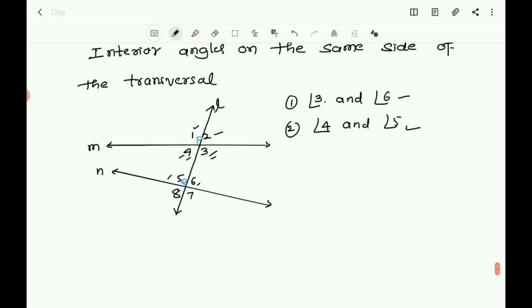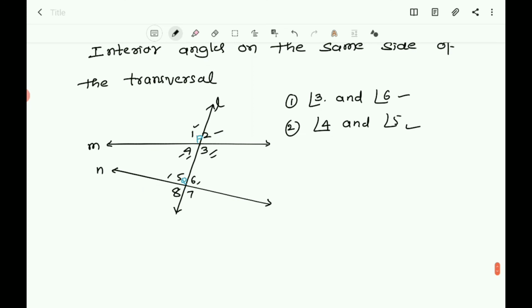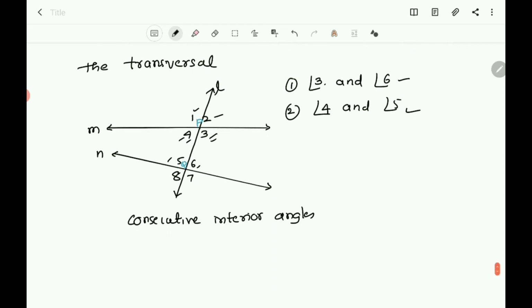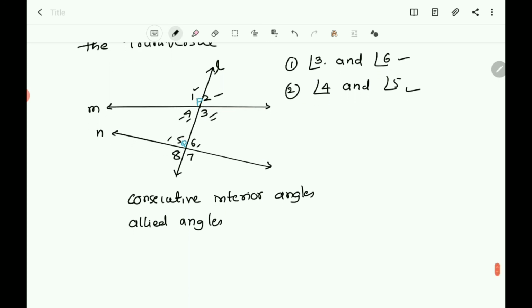So here they are also called consecutive interior angles, allied angles, or co-interior angles.